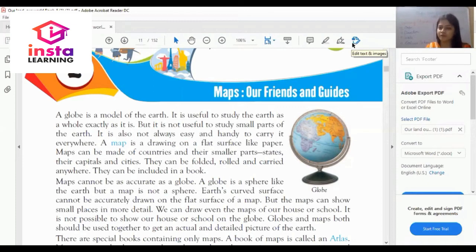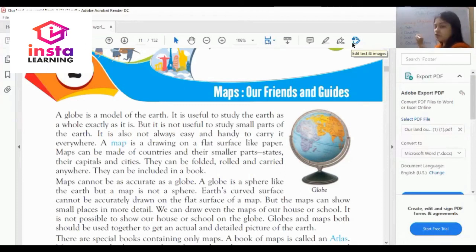In the beginning of the chapter, you should know the learning objectives, what you will learn in this chapter. As you can see on my board, the first learning objective is maps.